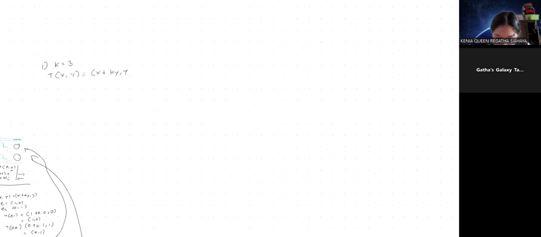We will find T(-1, 1), find the standard matrix, and find a point image.